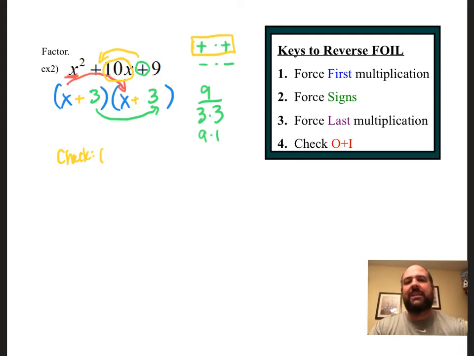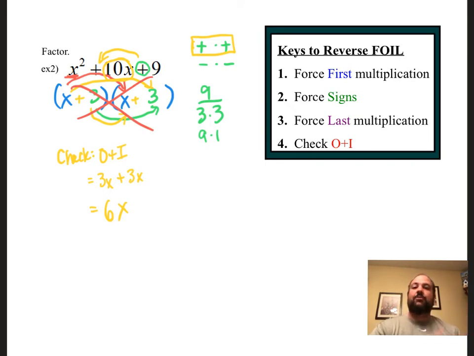Well, if I check the outside plus the inside, that means I would have x times 3, which is 3x, plus 3 times x, which is 3x. And that gives me 6x. Unfortunately, I wanted to end up with 10x. So this is not the correct process.